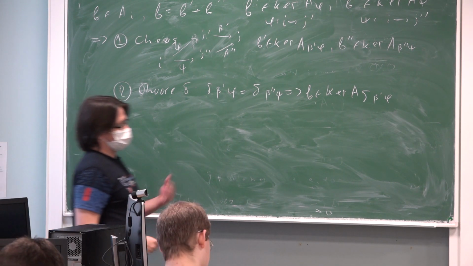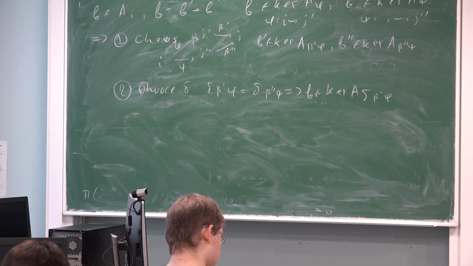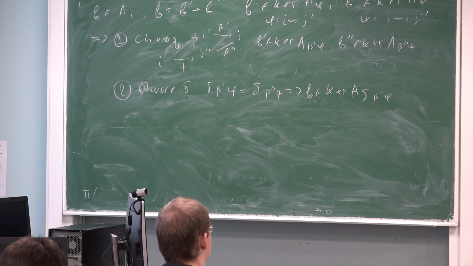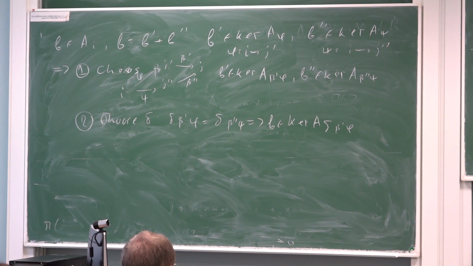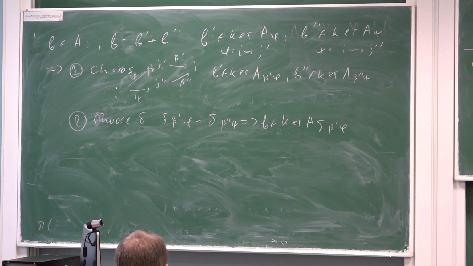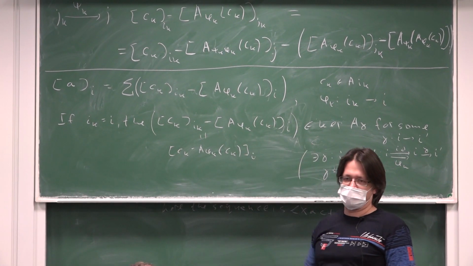So if we have some element that already lies in the kernel of some A phi, we can subtract it from our A, and it will not change anything. Because of this, since this term lies in the kernel of A gamma for some gamma, we may simply cancel it.